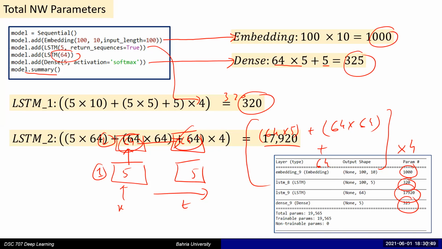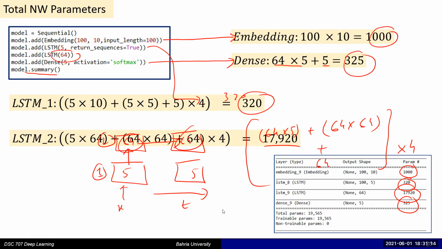Practically, when you are solving a problem, no one would ask you to compute the parameters. You just implement it, you get the output, and you are done. But then why are we stressing on this so much? Because if you can correctly compute all of these numbers, it is a very good indication that you have a very in-depth understanding of how LSTMs work, what these vectors are, what the sizes are.